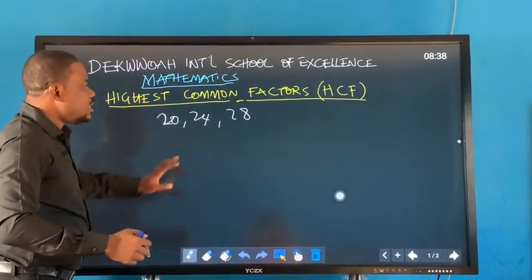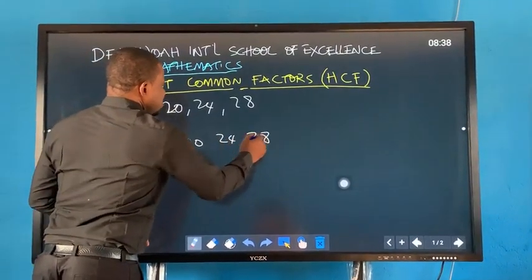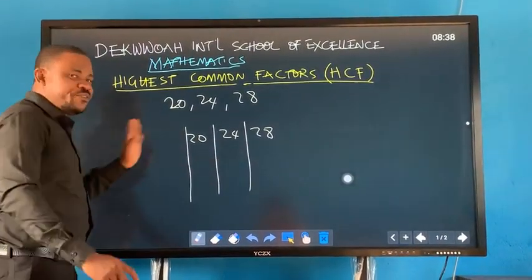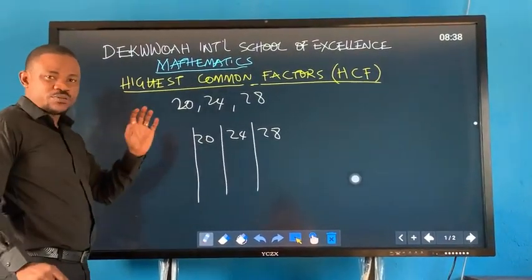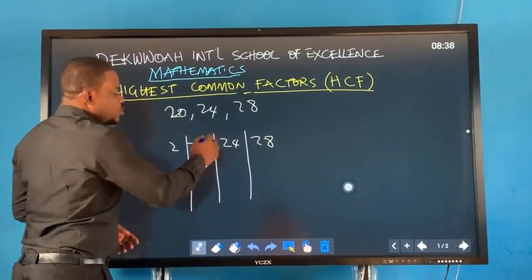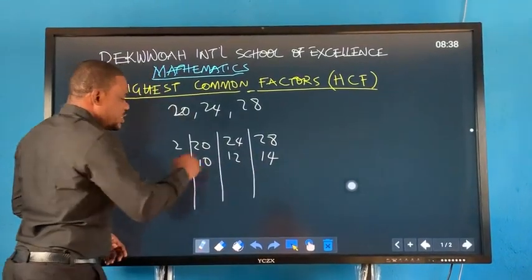Another way to do this is to write them like this and look for what can divide everything. If you cannot divide everything, don't use it. 2 can divide everything to give me 10, 12, and 14.